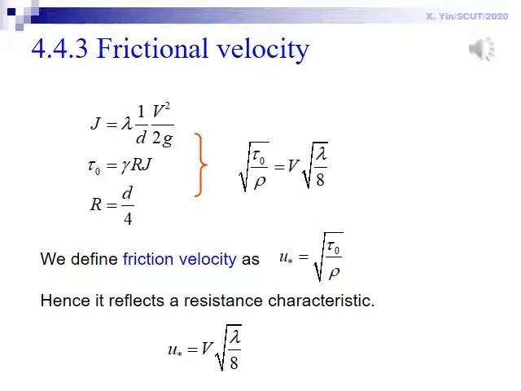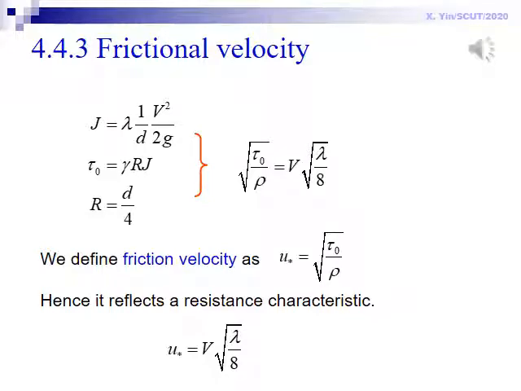If we combine these three equations, then we have the relationship between boundary shear stress tau naught and the mean velocity v by defining a friction velocity u star. So u star is not a real velocity in the flow, but a quantity in speed unit to represent shear stress in some way, or resistance to some extent.